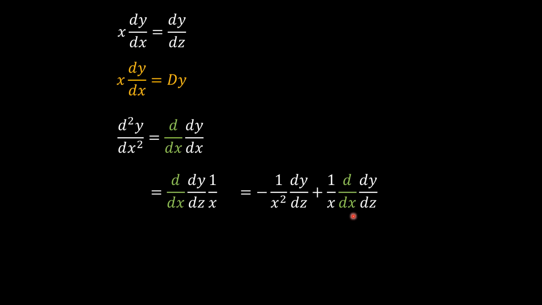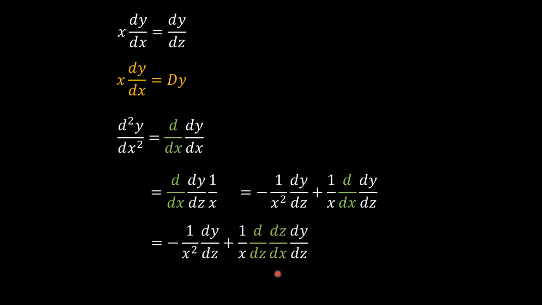Now I will simplify this second term further: the 1/x term stays as it is, and this d/dx will be written as d/dz of dz/dx into dy/dz. So we have rewritten this d/dx term like this.